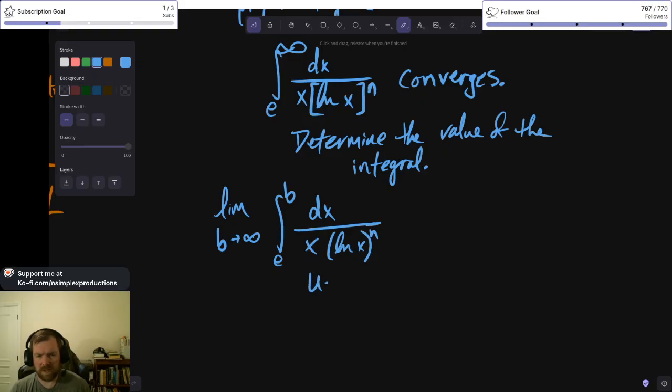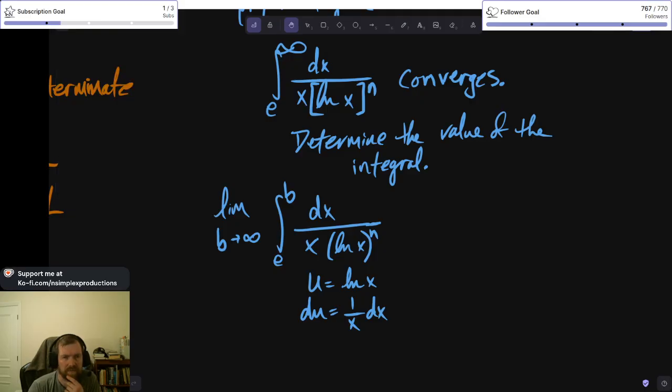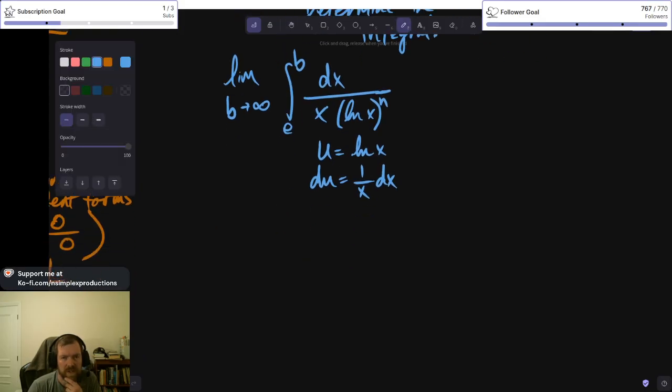So u is going to be equal to natural log of x. Du is going to be equal to 1 over x dx. So it's all here. It's just a simple substitution. We could work on all that, or we could instead just say, okay, look, I know what it is.